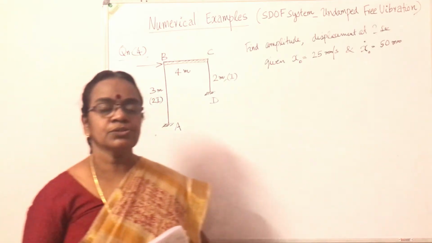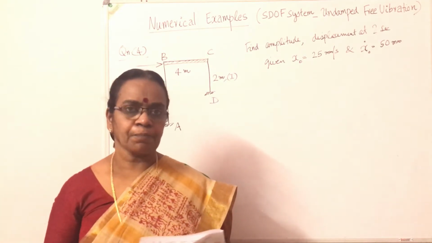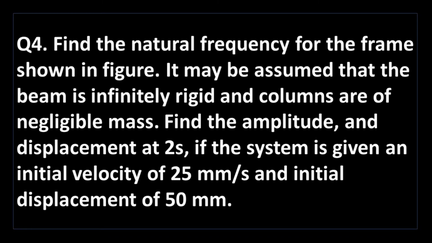So coming to question number 4. Find the natural frequency for the frame shown in the figure. It may be assumed that the beam is infinitely rigid and the columns are of negligible mass.